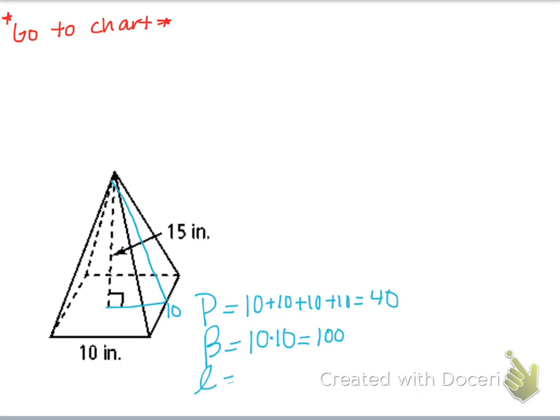I need that slant height, okay? So in this one, if I redraw my triangle, I've got 15 here, all the way across is 10, so this part is 5, and I can use Pythagorean theorem to find that outside piece. Okay, so when I do Pythagorean theorem, I'm going to get 15.8 for that slant height.